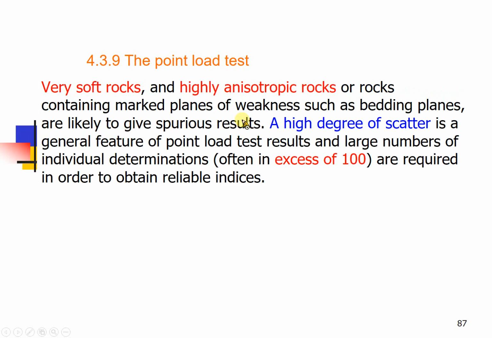If you try to observe the rock surface, the fracture surface, you can find a lot of patterns which show the failure is induced by tension. You can find some features.